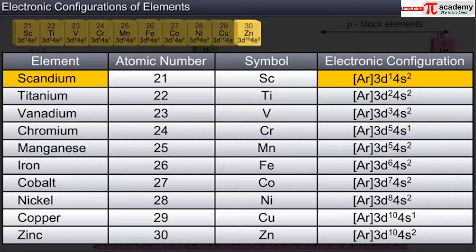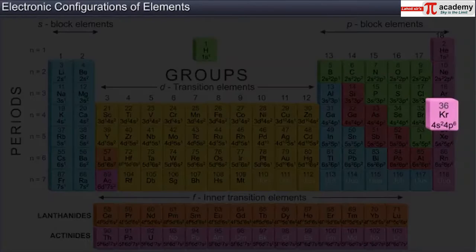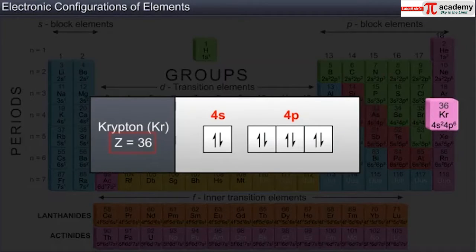The last element in this series is zinc, having an electronic configuration 3d10 4s2, wherein the 3d orbital is completely filled. The fourth period ends with the element krypton with atomic number 36 and completely filled 4p orbitals.